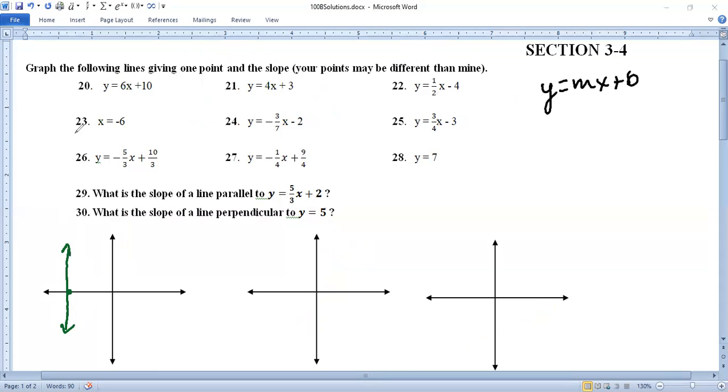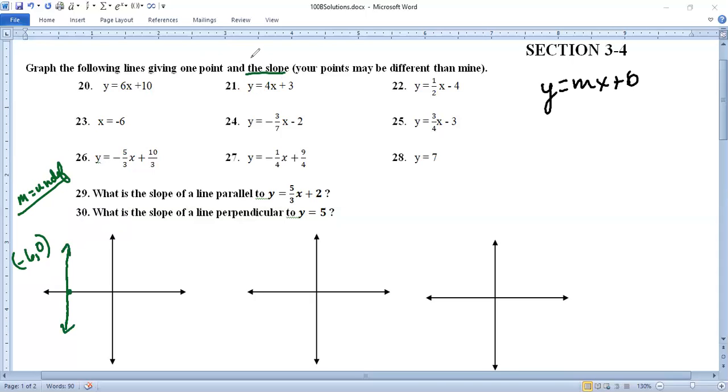So it's a vertical line, and a vertical line has slope that is undefined. And so for 1 point here, you could put -6, 0, or you could put any other point that has -6, like -6, 5, -6, 3, -6, 2, as long as the x is -6. But the slope is undefined, and they do want us to note that.